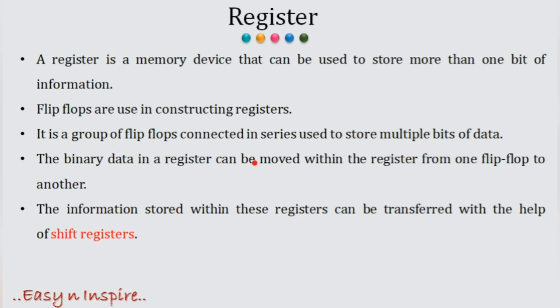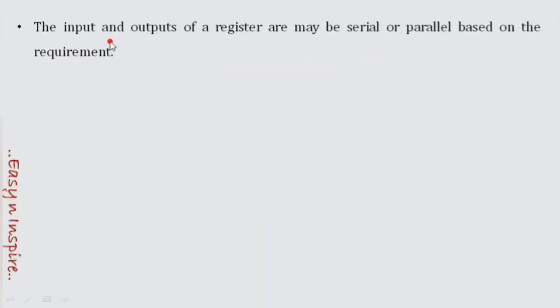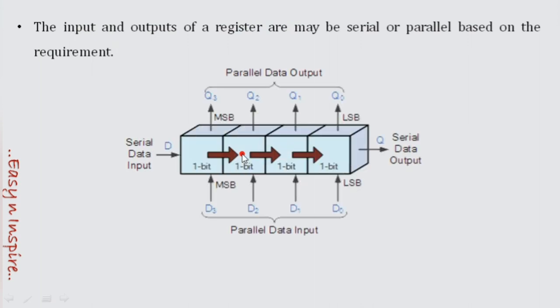Listen carefully. The information stored within the registers, whatever the data, 4 bits of data or 5 bits of data, is transferred with the help of shift registers. Input and outputs of a register may be either serial or parallel. So here I am giving the data serially.